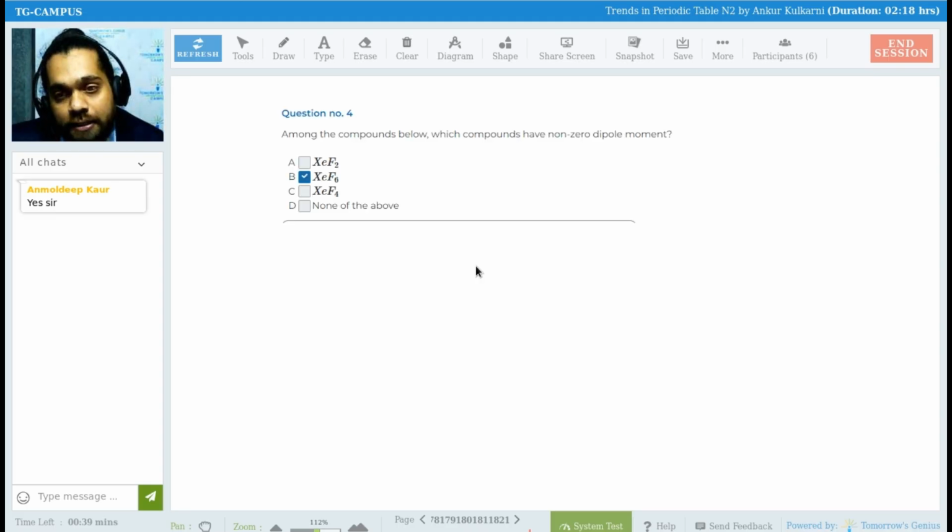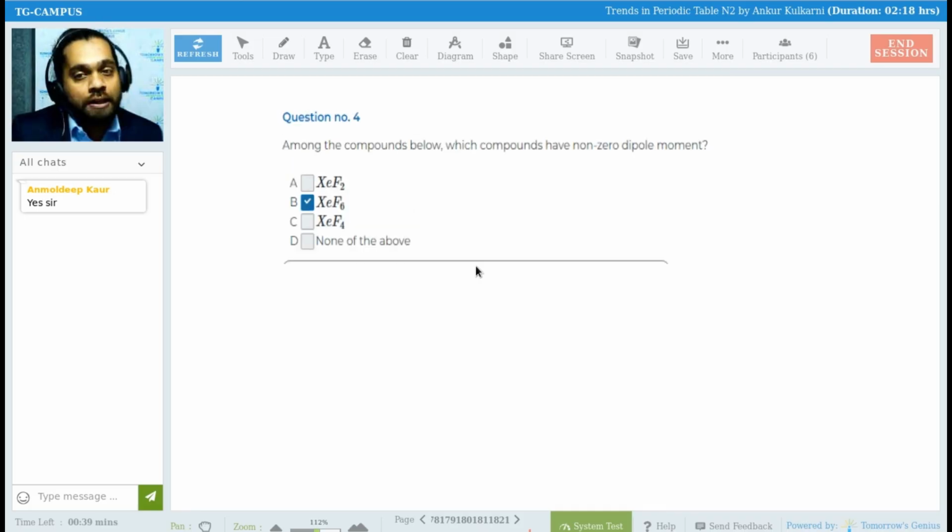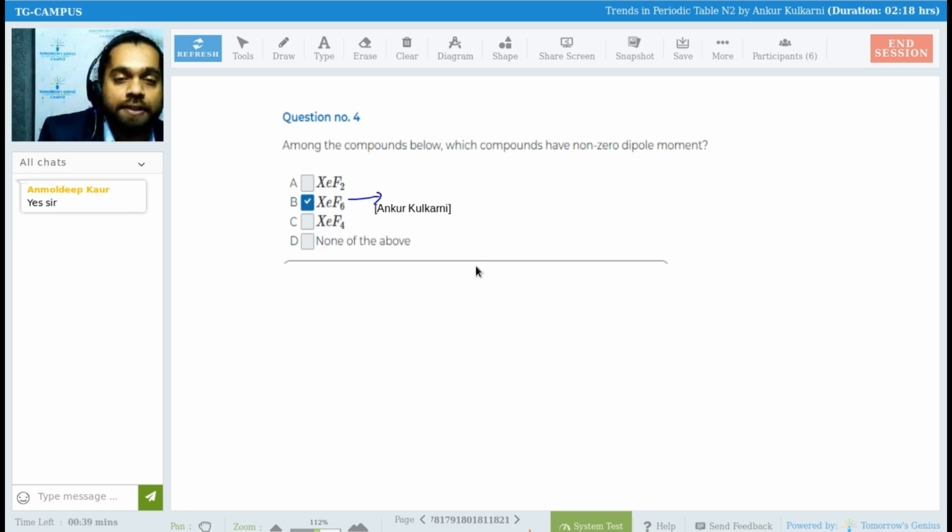Okay, look at this. Which of the compounds have net zero dipole moment? Over here, I am telling you the answer: XeF6. Why? Tell me what will be the geometry of XeF6 with the help of VSEPR.